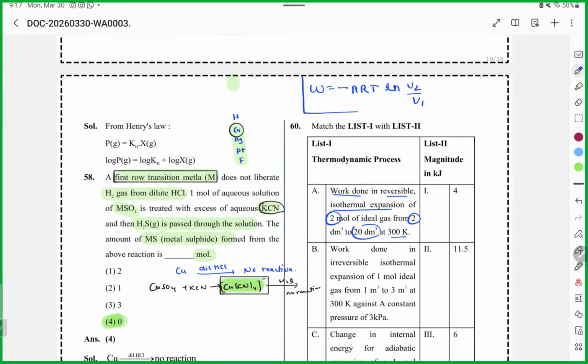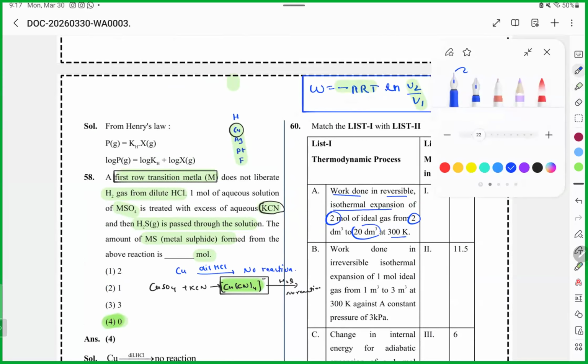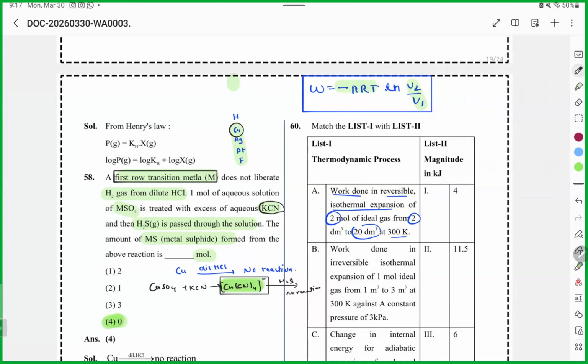This is the formula. Correct? Make sense? N value is given, minus 2, R 8.3, temperature 300, natural log 20 by 2, 10.